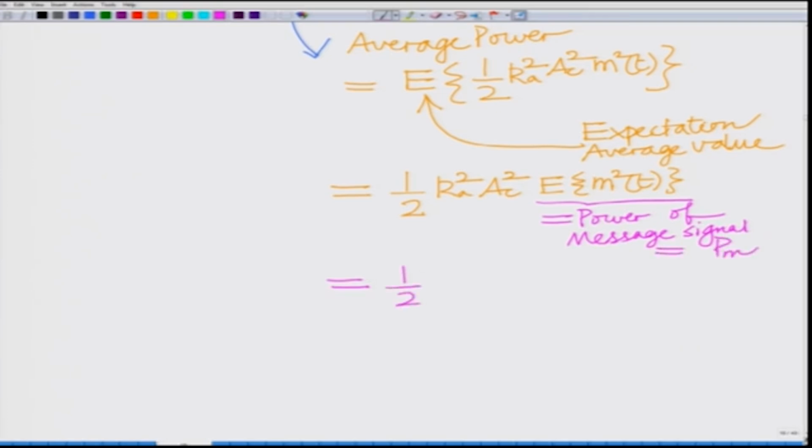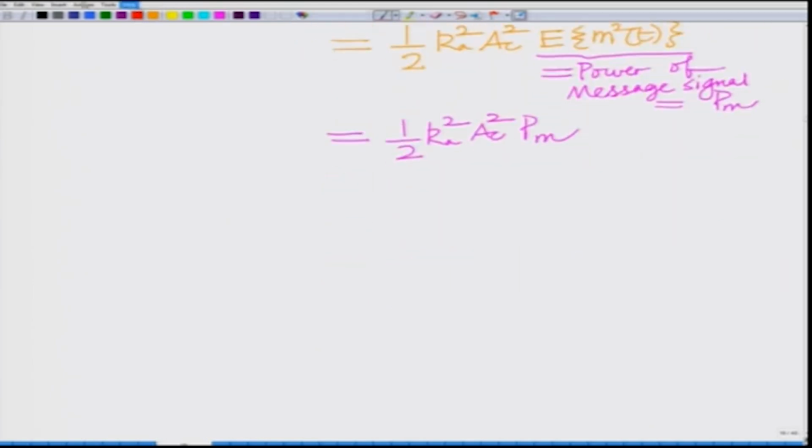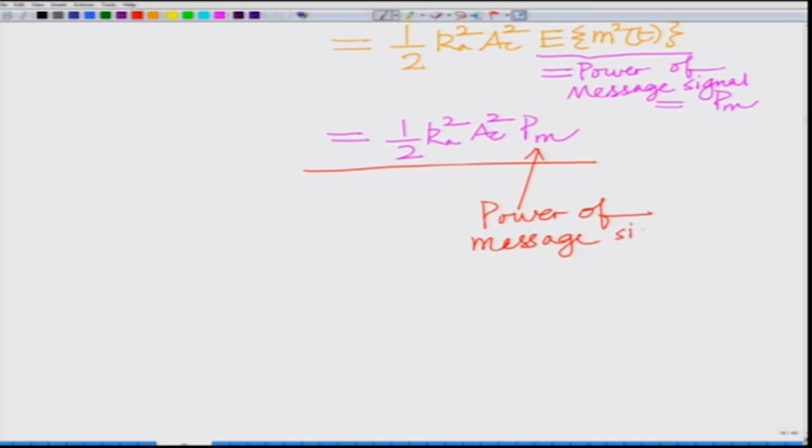So, this is half k_a square A_c square P_m, where P_m is the power of the message signal m(t). Alright.